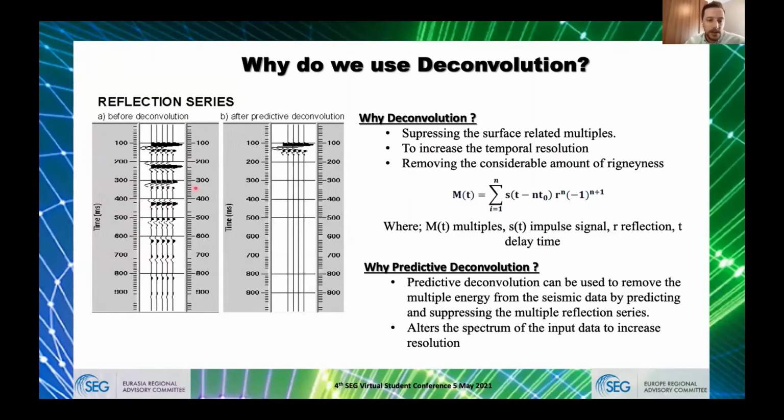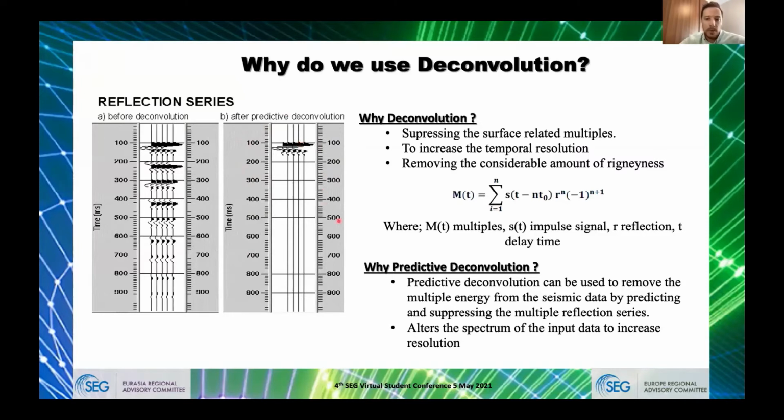As you can see in the figure, on the left side of the slide, our primary reflection comes at 100 milliseconds, and the first, second, third, and even fourth order multiple reflections come at 200, 300, 400, and 500 milliseconds on the seismic data. If we apply predictive deconvolution with successful parameters, we suppress all the multiple reflections, and we will have our desired output with only primary reflections on the data.